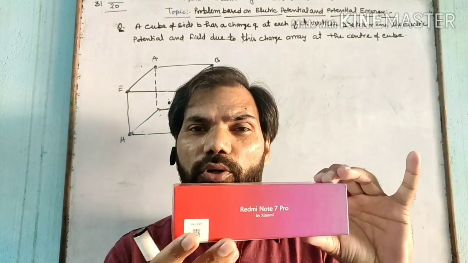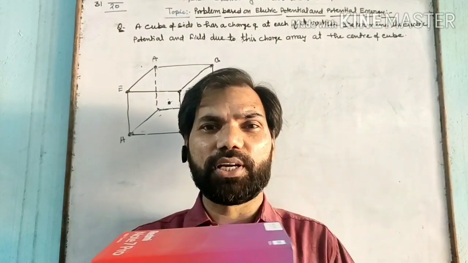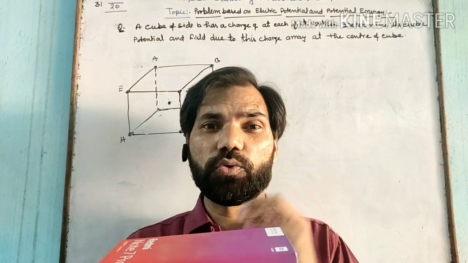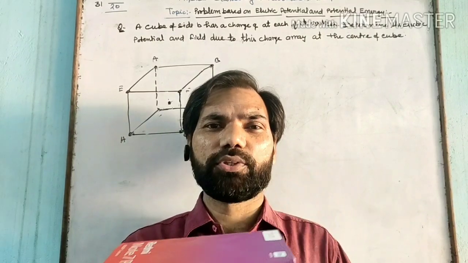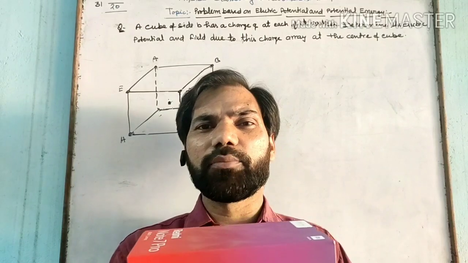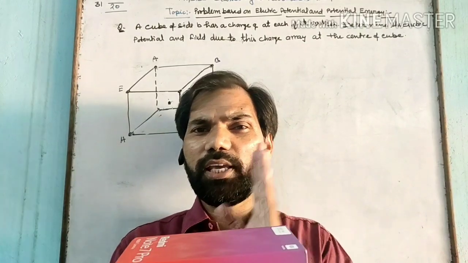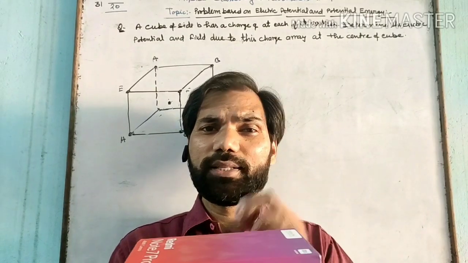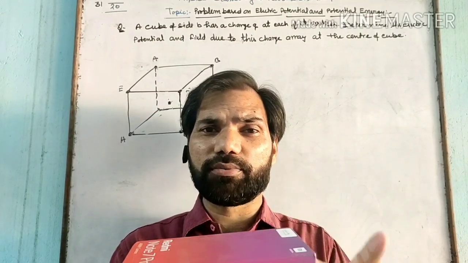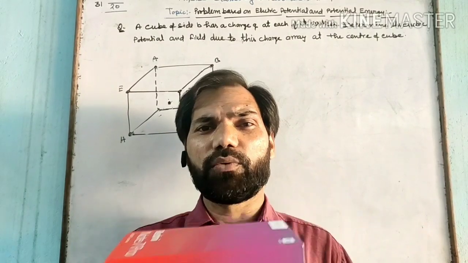So how do we calculate the distance of the vertices from the center? For that we must know the diagonal of the cube, and half of the diagonal of the cube will necessarily be the distance of each vertex from the center. In the case of a cube, the distance of the vertices from the center will be equal.